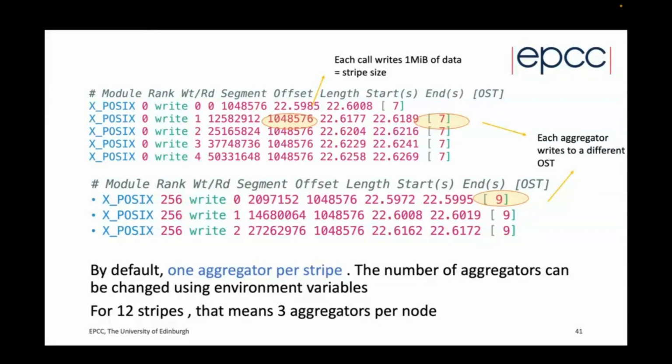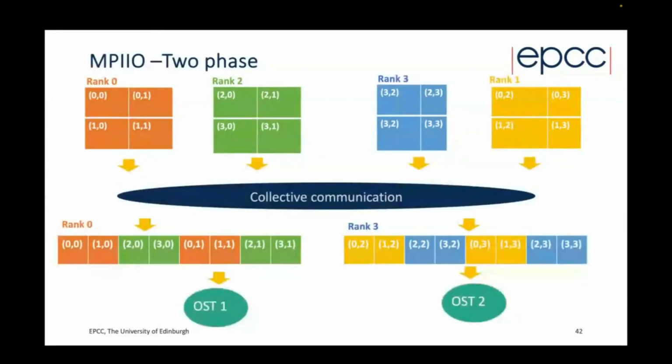We're running on 4 nodes, so that means 3 aggregators per node, which is exactly what we saw in the plot earlier. So this is called a two-phase kind of output. What happens is you have all your data scattered throughout the ranks, and then there's some collective MPI communication that redistributes the data in contiguous chunks on the aggregators.